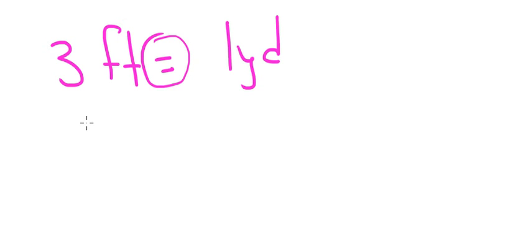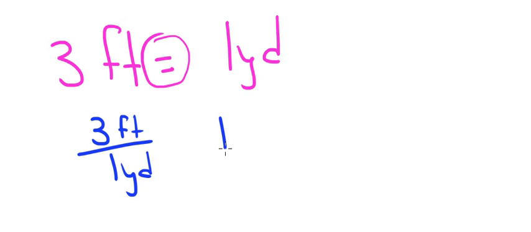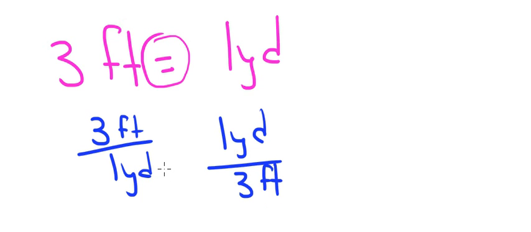Now, the unit multipliers for this equivalent measure are these. When I say that 3 feet is equal to 1 yard, or 1 yard is equal to 3 feet, these are my unit multipliers, because when I'm doing my problem a little later on, I'm using these unit multipliers to multiply something in my question to get the answer that I'm looking for.